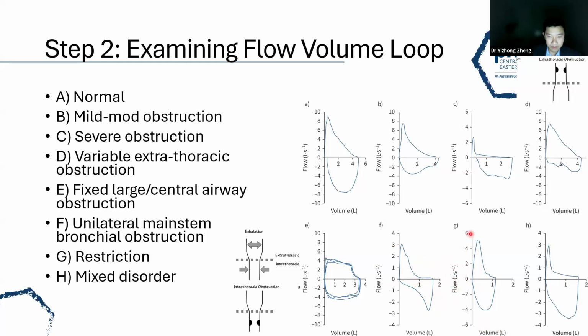For restrictive, you have the classical witch's hat appearance in those with chest wall or parenchymal disorders. Whereas if it's a neuromuscular restriction, you have more of a lower peak flow, a more softish expiratory loop. And then mixed disorder, you have a combination of a scooped appearance and reduced FVC.